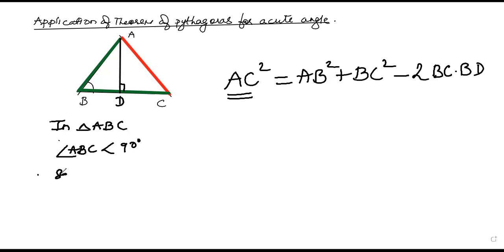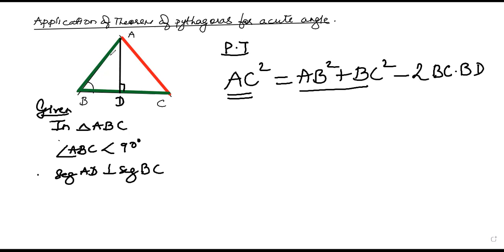Segment AD perpendicular to segment BC. This is also given. And they will ask you to prove this formula: square of the side opposite to the acute angle, AC square, equals the sum of the squares of the sides containing the acute angle, AB square plus BC square, minus twice the product of the segments. How to get these segments, I showed you, okay?